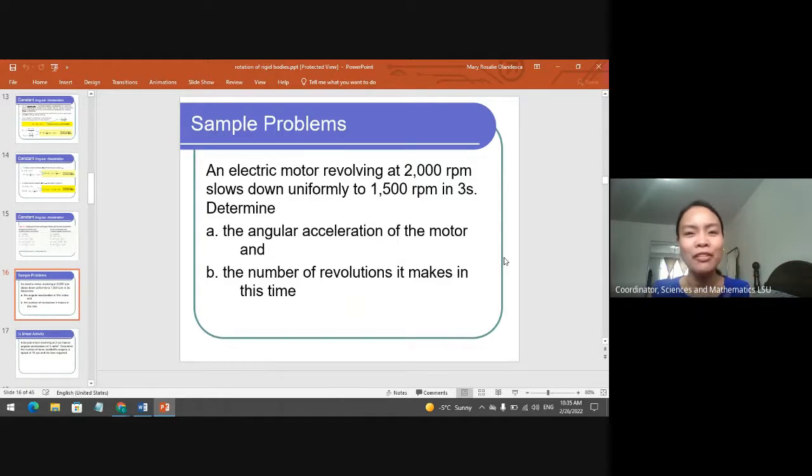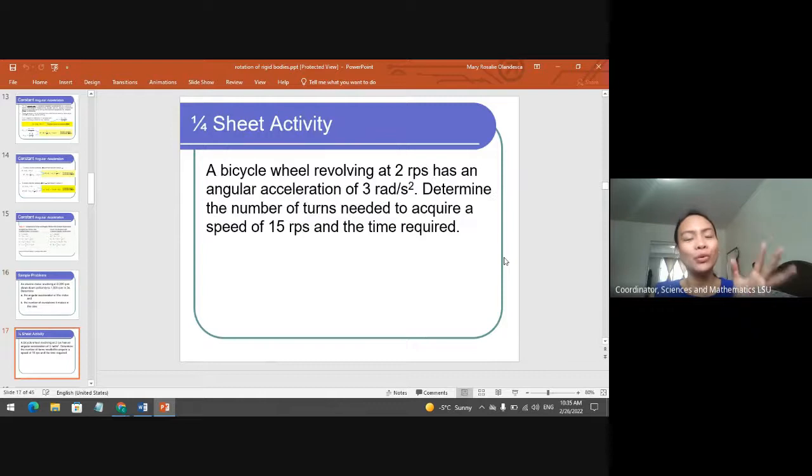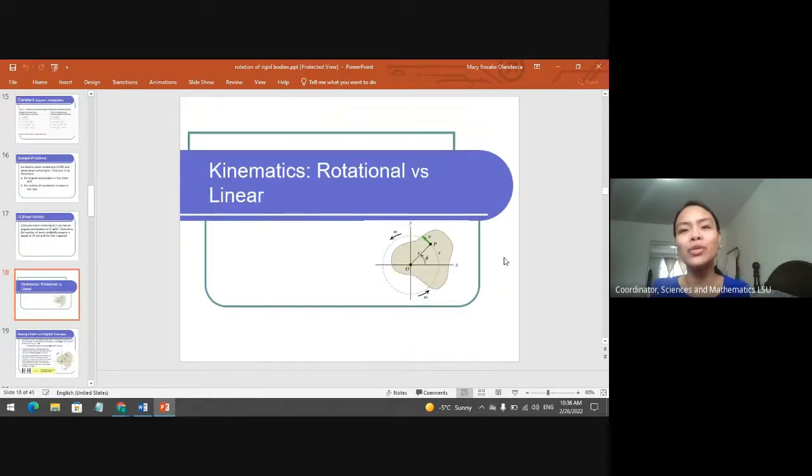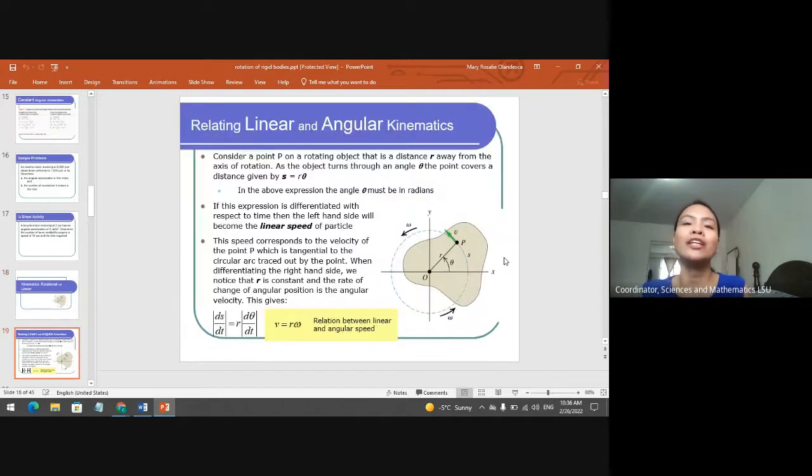And you have here sample problems. These also appear in your module, so practice answering these problems. Now let us proceed to rotational versus linear kinematics. We already learned earlier that the arc length is equal to r times theta, where r is the radius and theta is the angle of displacement in radians.